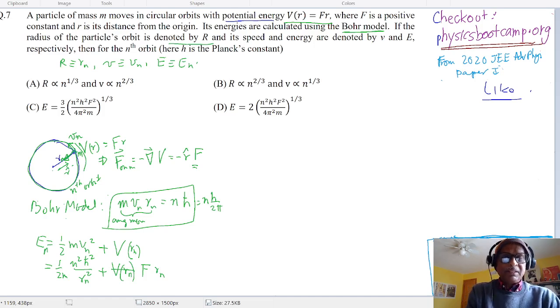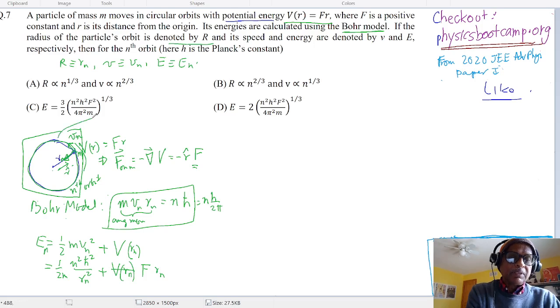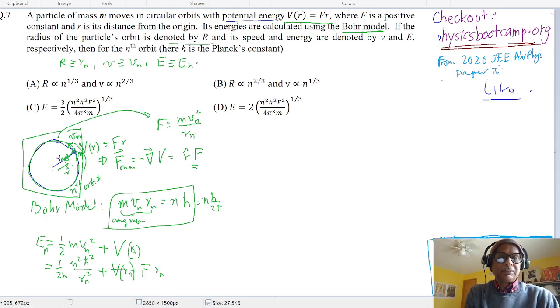In addition to these equations, in order for us to make progress, you also have a circular orbit. So that's going to be F equals m vn square over Rn.